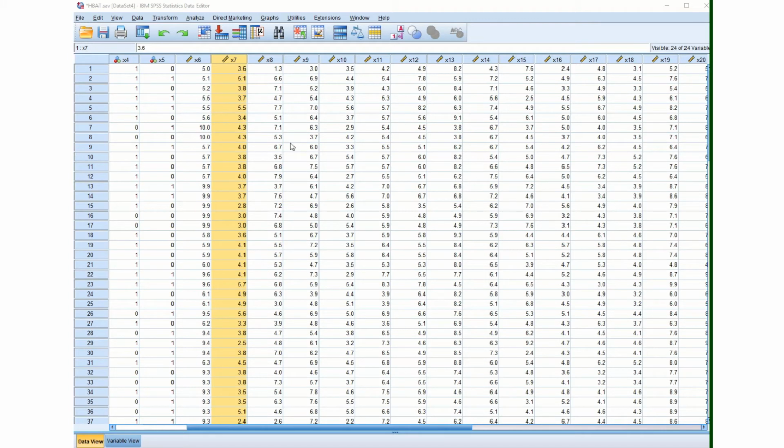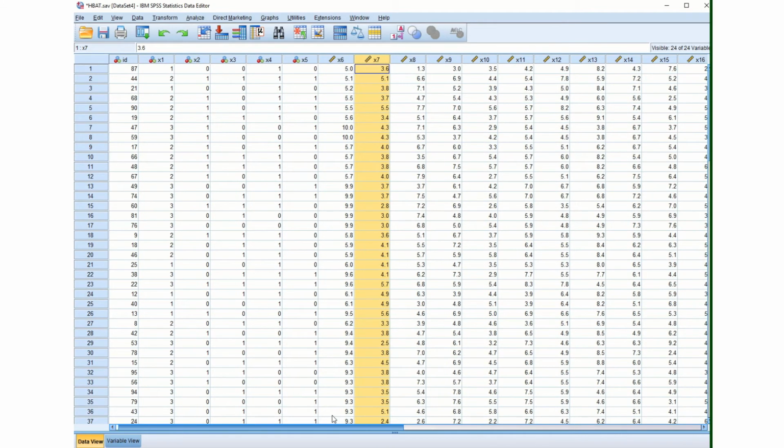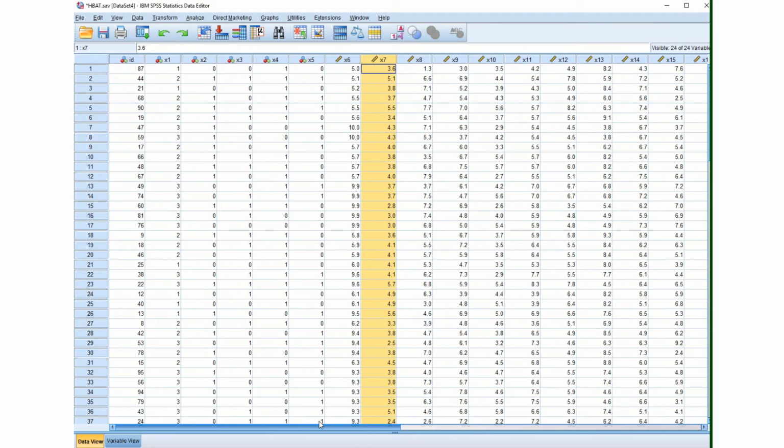Now, let me point out something specific here. The cases correspond to the numbers here, the actual observations, not necessarily the ID number. So the cases that I identified as potentially out of place may not correspond directly with the textbook.